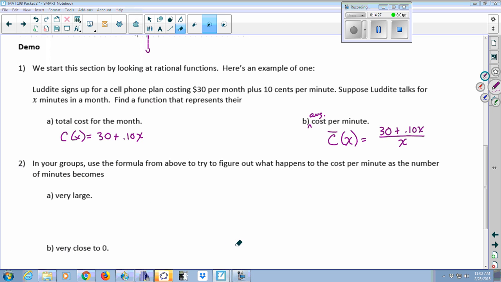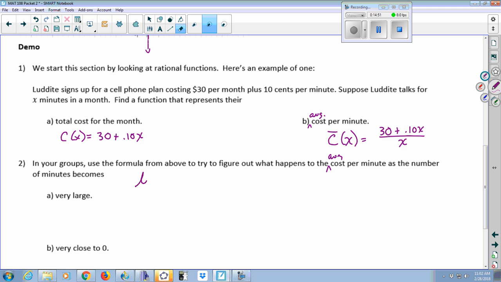This was supposed to be in your group, so I did the first question for you. In your groups, use the formula from above to figure out what happens to the average cost per minute as the number of minutes gets large. So how could we write that? I want to start using limit notation because it was a weakness I saw on the test.